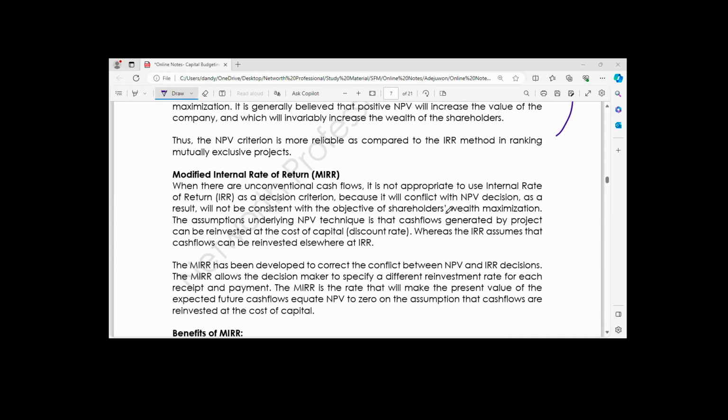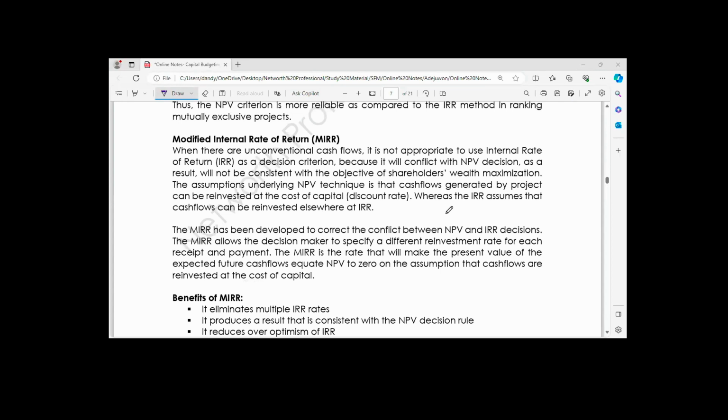So let's talk about modified internal rate of return. When there are unconventional cash flows or irregular cash flows, such that, for example, in the first year you may have a positive cash flow.